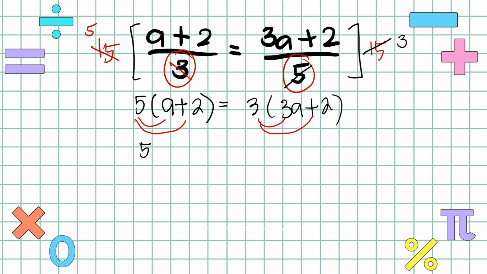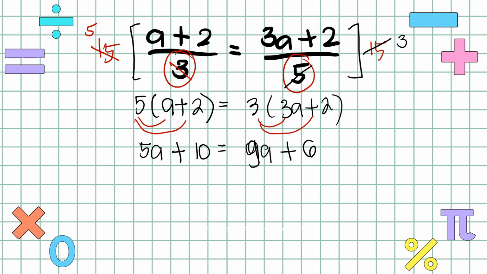So 5 times a is 5a, 5 times 2 is positive 10. And then 3 times 3a is 9a. 3 times 2 is positive 6.